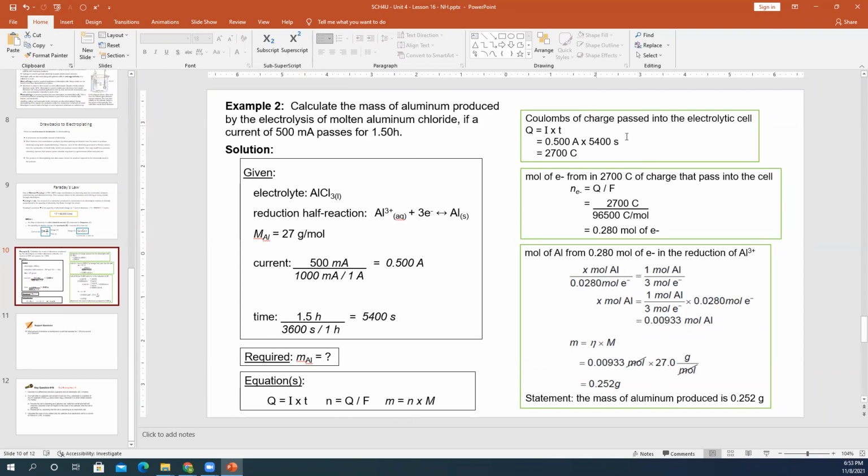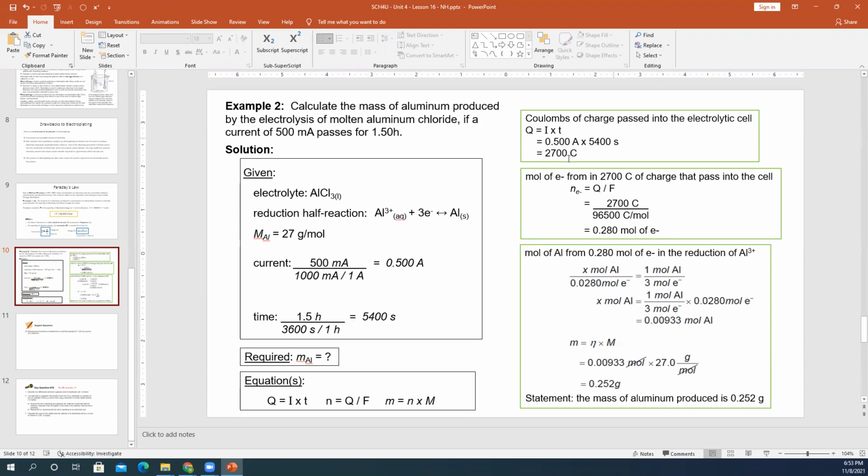So we want to find out how many coulombs of charge are passed into this electrolytic cell. How do we find that out? Well, we know that 0.5 amperes is applied for 5,400 seconds.